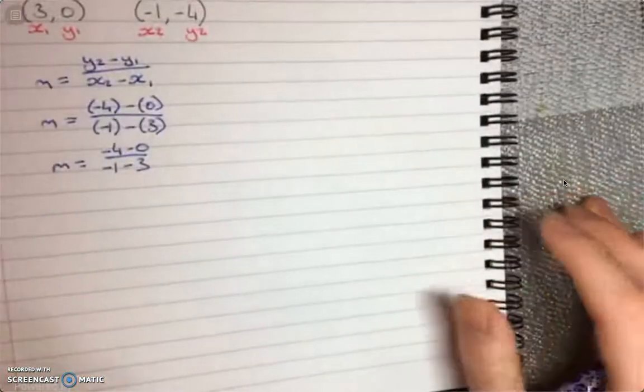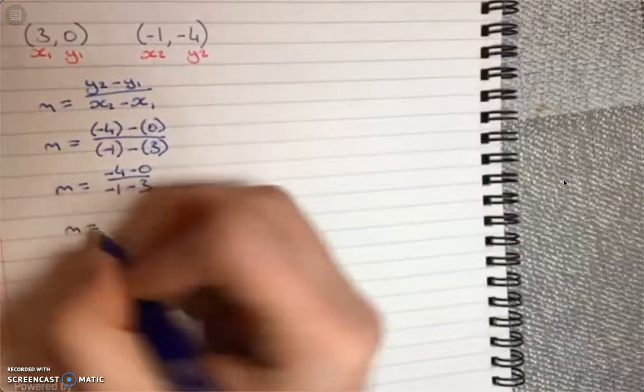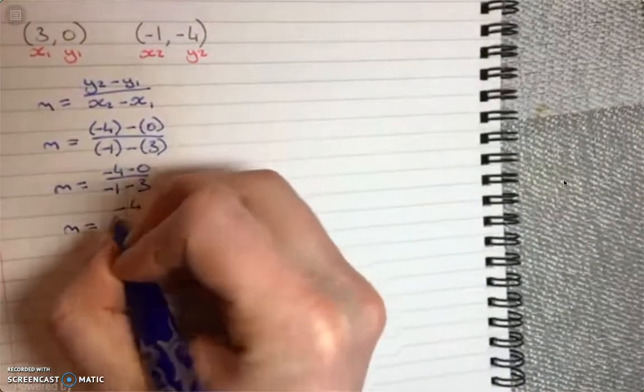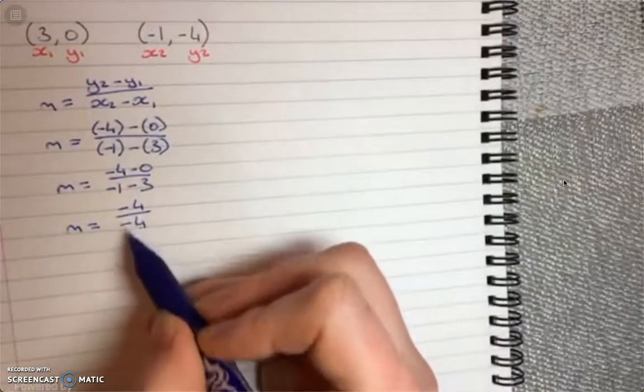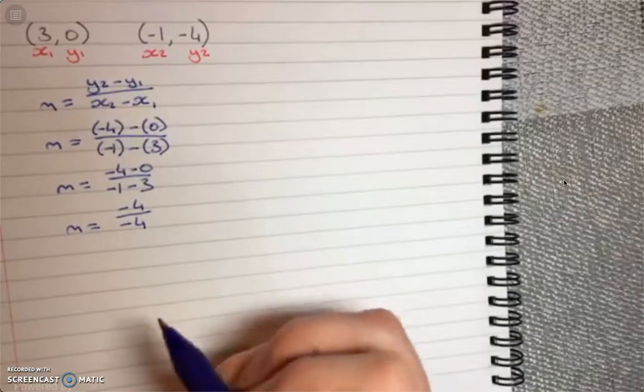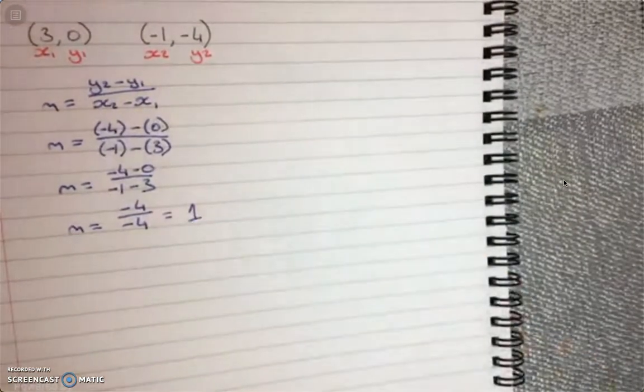Sorry, there's some bad glare there. So my slope is just going to be minus 4 over minus 4. Be careful here: two negative numbers divided by each other give a positive number. So this is just going to be 1.